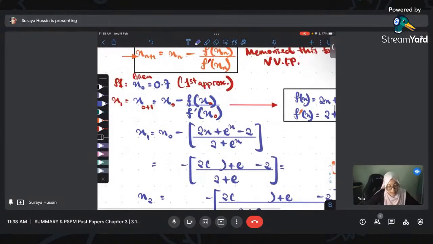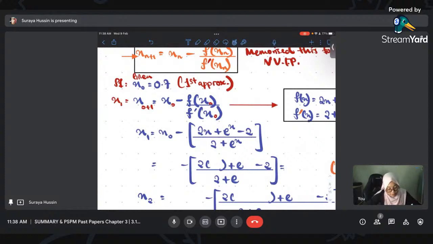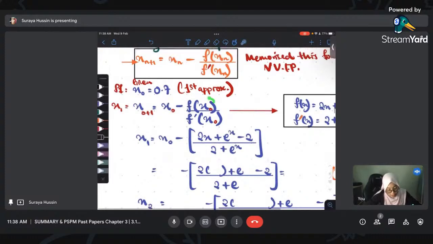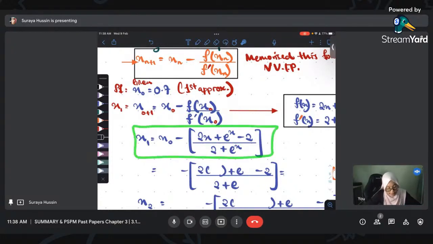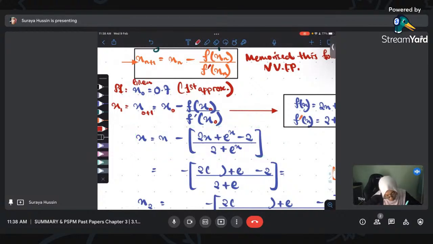Okay, saya masukkan saya punya f dan juga saya punya f prime ke dalam formula. This is Newton-Raphson formula. The thing is, it is not complete yet. Sebab apa tak complete? Sebab this is x1. Untuk x1, sentiasa ada x0 di dalamnya. So, I need to put x0 pada setiap yang ada huruf x.